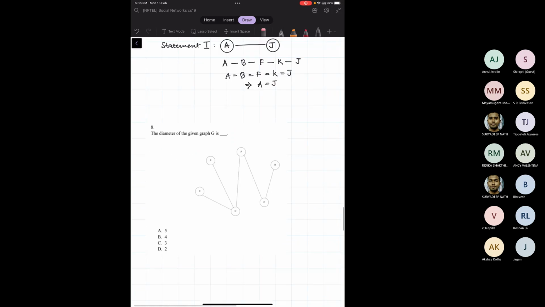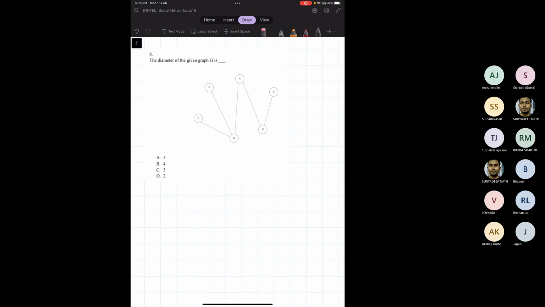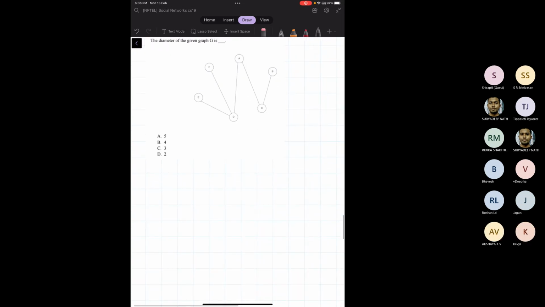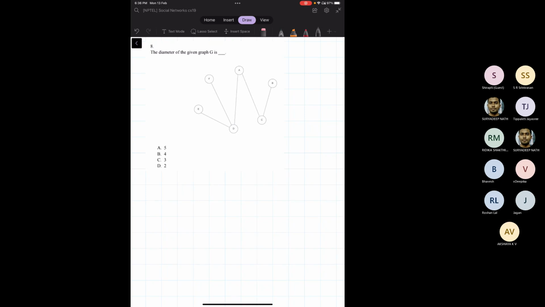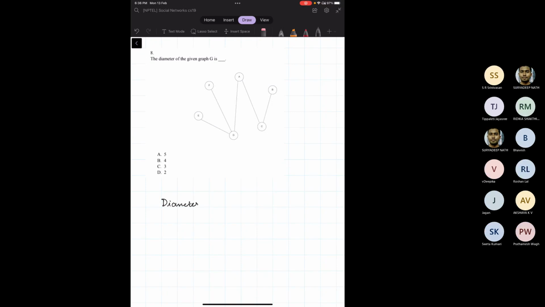So let us move on to the eighth question, which is: what is the diameter of the given graph G? So diameter is the longest path in a graph.